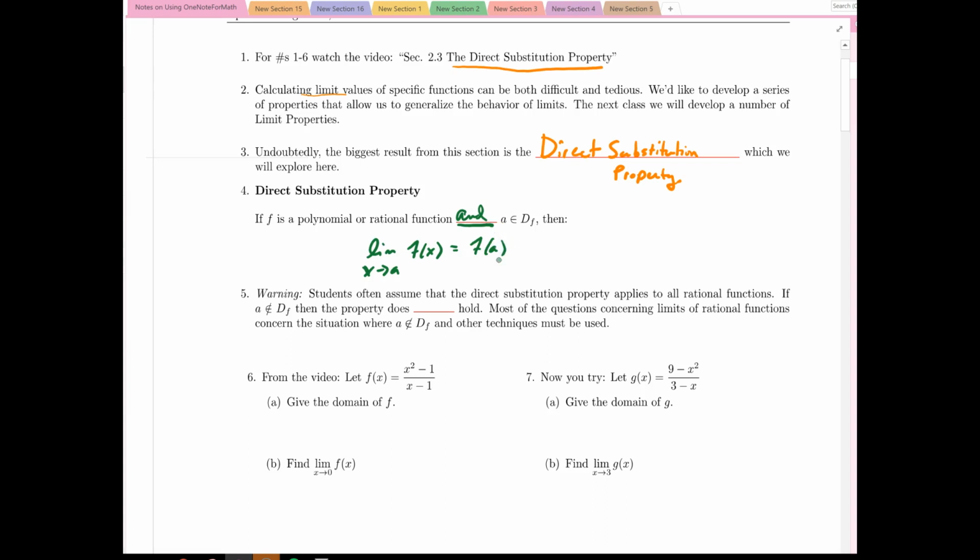So in some examples you've looked at, you might have said, oh, boy, I did all this work to calculate a limit. I could have just plugged the number into the function. If ever that was the case, it meant that you actually could have used the direct substitution property.